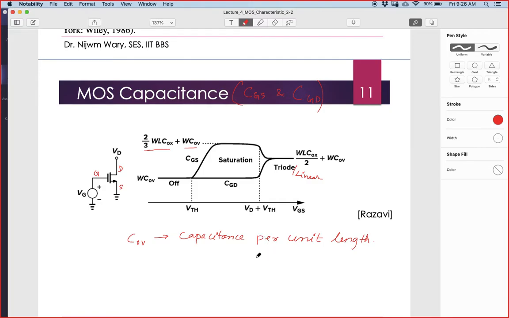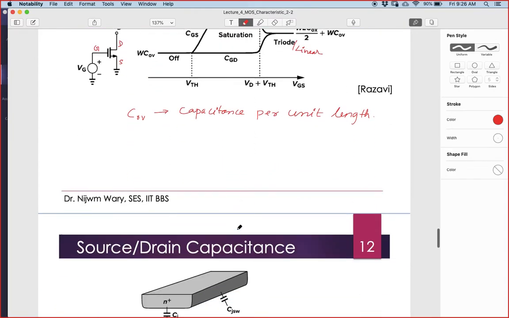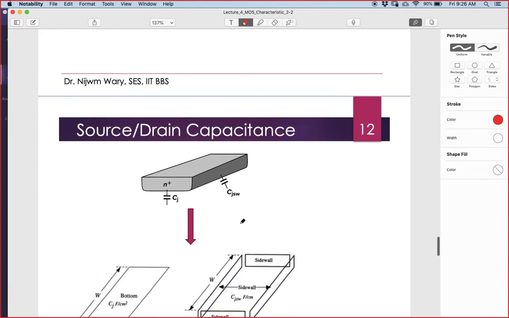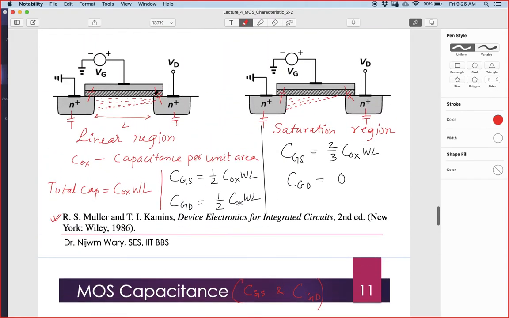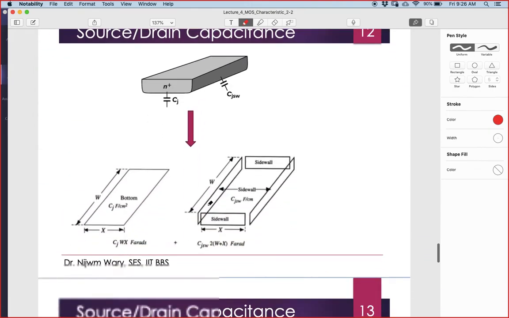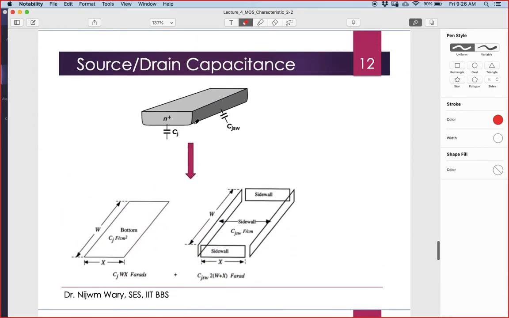Okay. Now next we will discuss the drain and bulk and source and bulk capacitance. If we try to draw the 3D diagram of this, it will look something like this, a cube kind of structure.